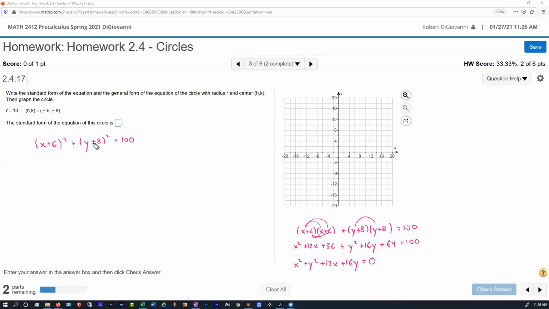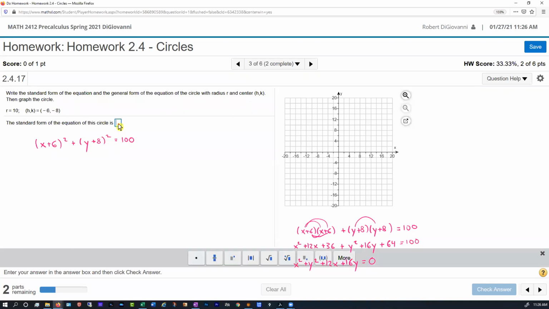Okay. So let me go ahead and put these answers in. So first, the standard form, which is going to be x plus 6 squared plus y plus 8 squared equals 100.